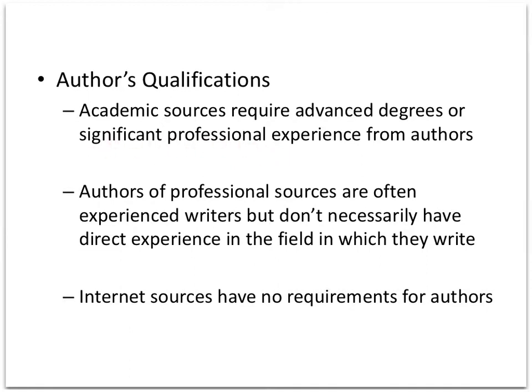So if you are reading an article in an academic journal about Shakespeare, then you can safely assume that the author of that article has spent their entire career studying Shakespeare. If you read an article about brain surgery, then you can safely assume that the article was written by a brain surgeon or a neurologist or a neurosurgeon or what have you.